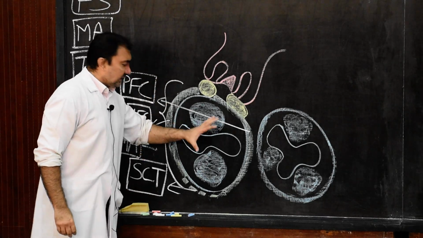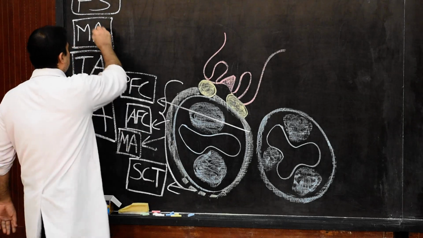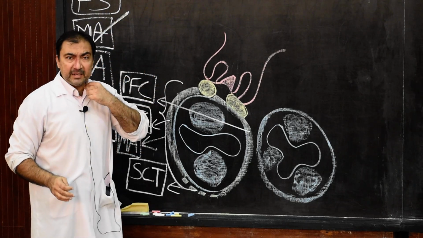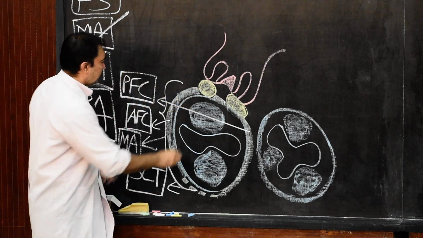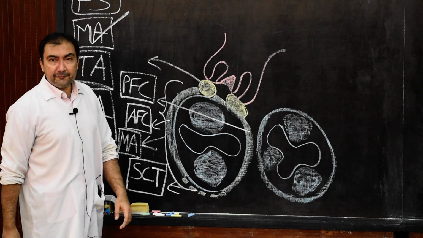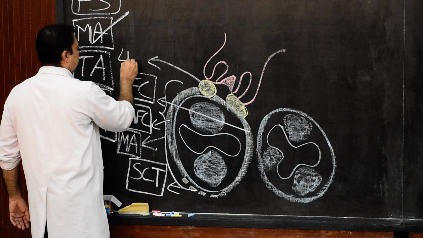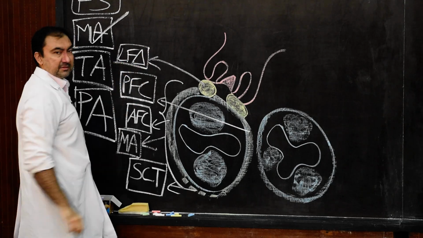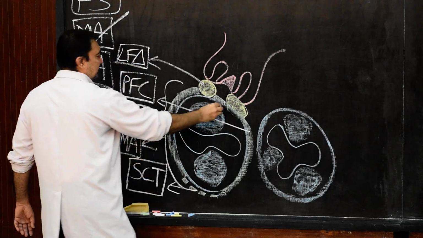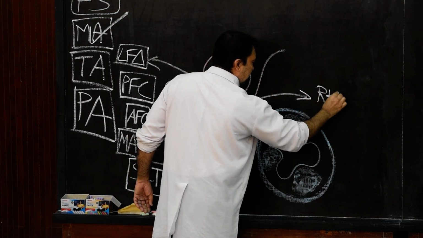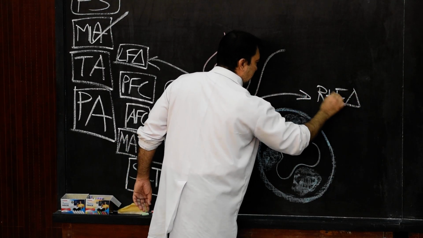Now, as per the diagram, let us understand what the gross anatomy of the mitral annulus consists of. Number one, this one, the left fibrous trigone, that is the first gross anatomical structure. Number two, it consists of this structure, the right fibrous trigone.